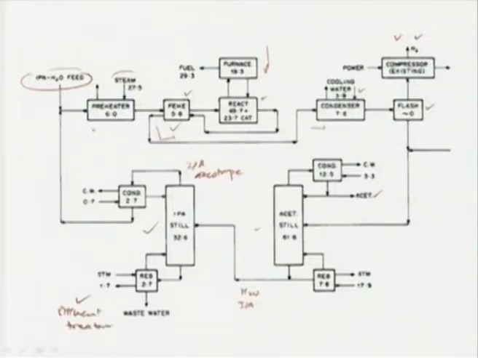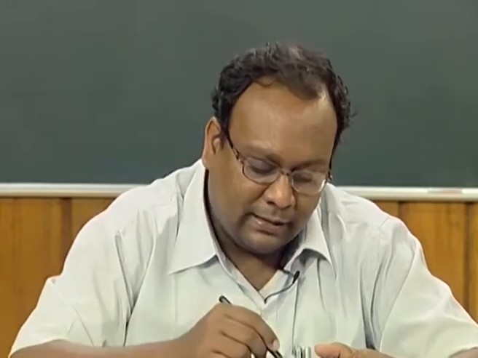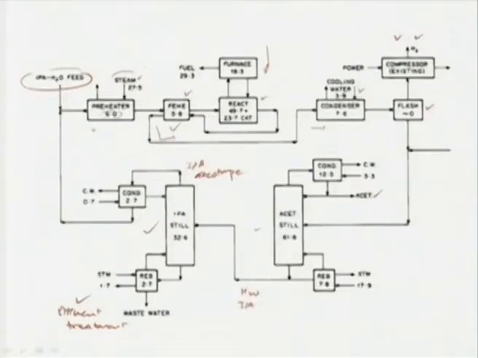Now what you see here is the cost diagram of this particular process. The numbers that you see inside the boxes are the annualized capital cost of that particular equipment, and the numbers that you see attached to the streams, like for example here stream 27.5, this is essentially $1,000.